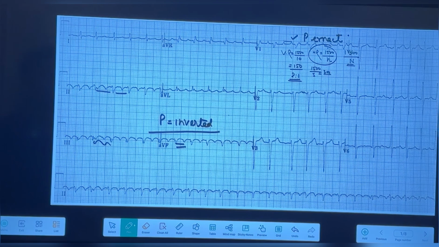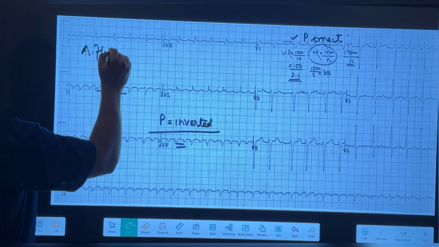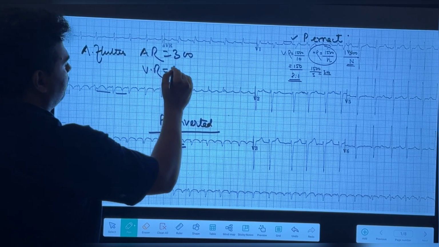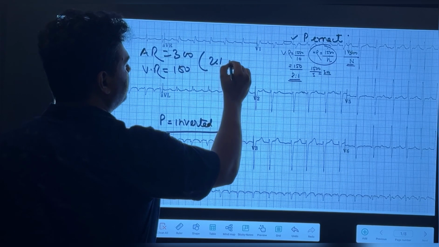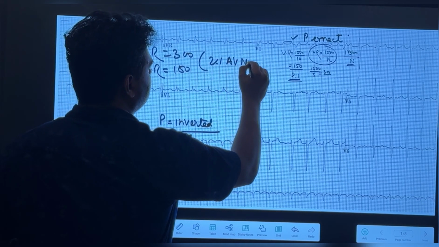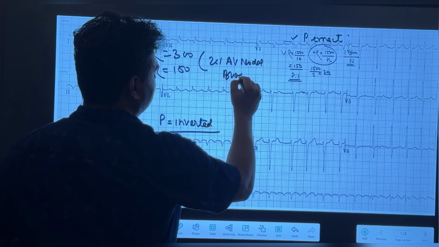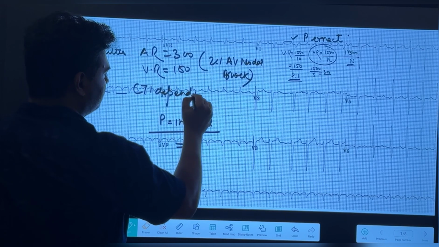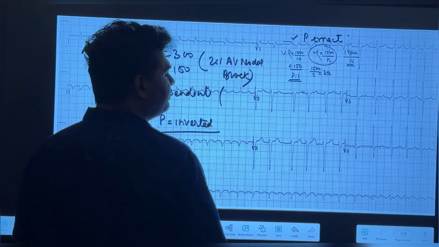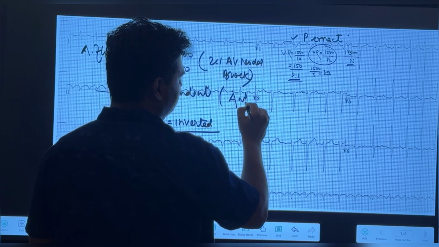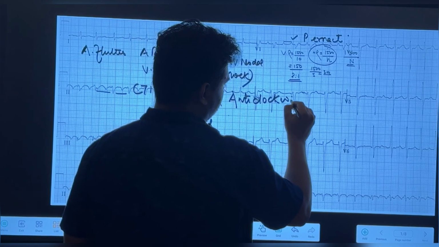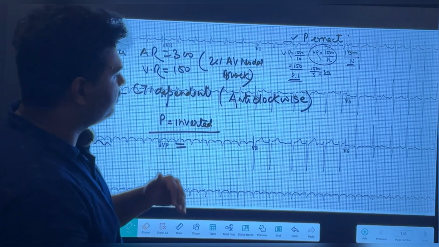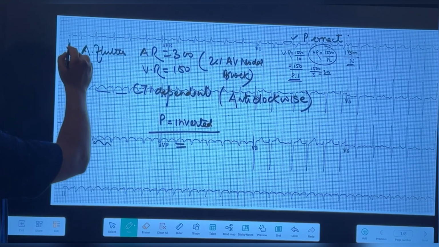So now we have diagnosed that it is an atrial flutter with an atrial rate of 300 and ventricular rate of 150, so it is a 2:1 AV nodal block, plus it is a CTI dependent atrial flutter, anti-clockwise type. So this is how you have to go following. If you follow each step, you will easily be able to diagnose it.